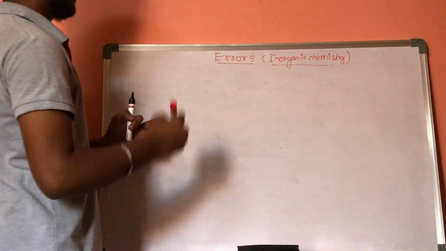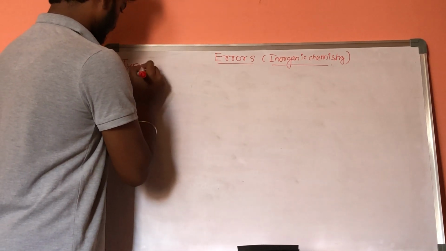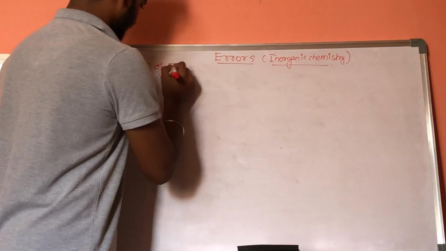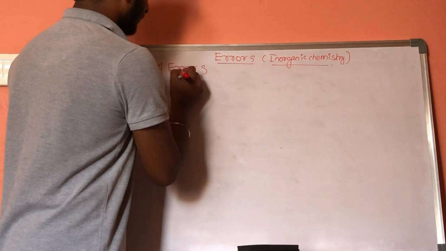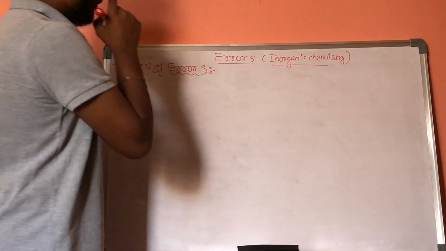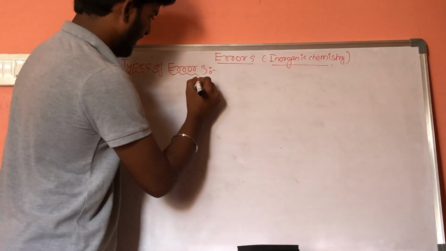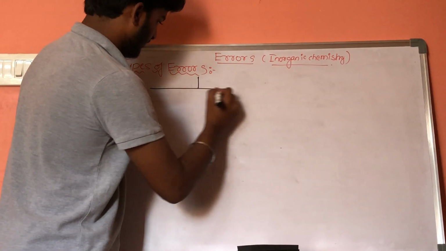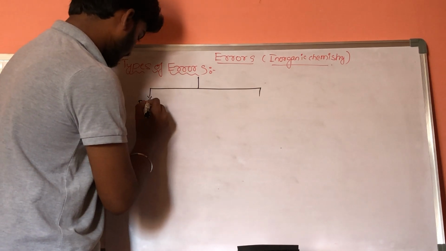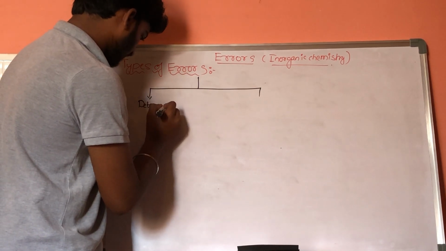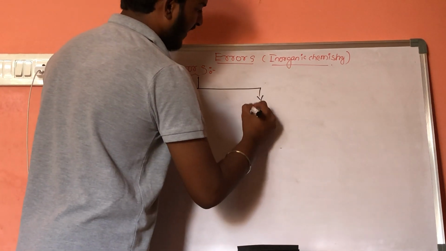Next topic is types of errors. Generally, the errors are categorized into two types: determinate, while the other one is indeterminate.